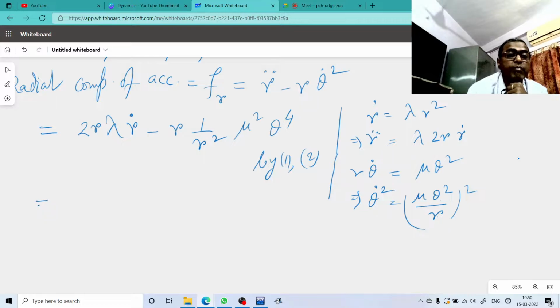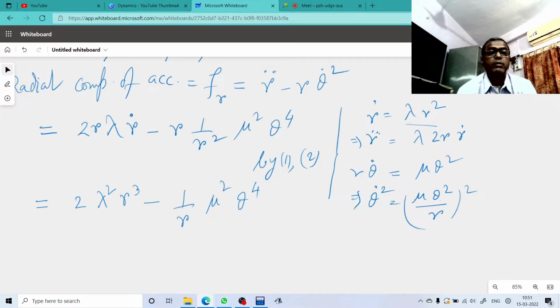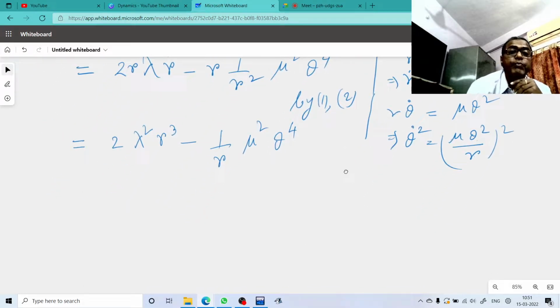After simplification, you can write 2 lambda square r cube, because r dot is lambda r square, minus 1 by r cancels, mu square theta to the power 4. This is the radial component of the acceleration.